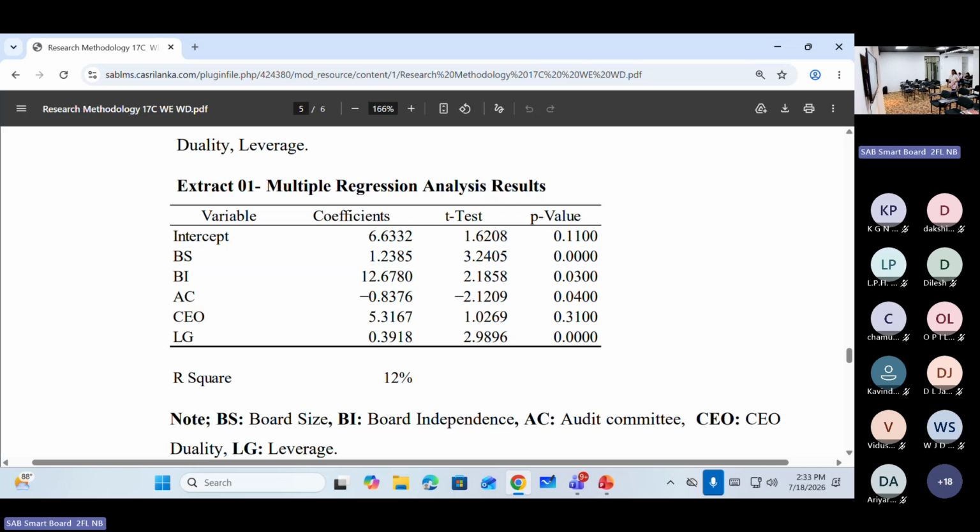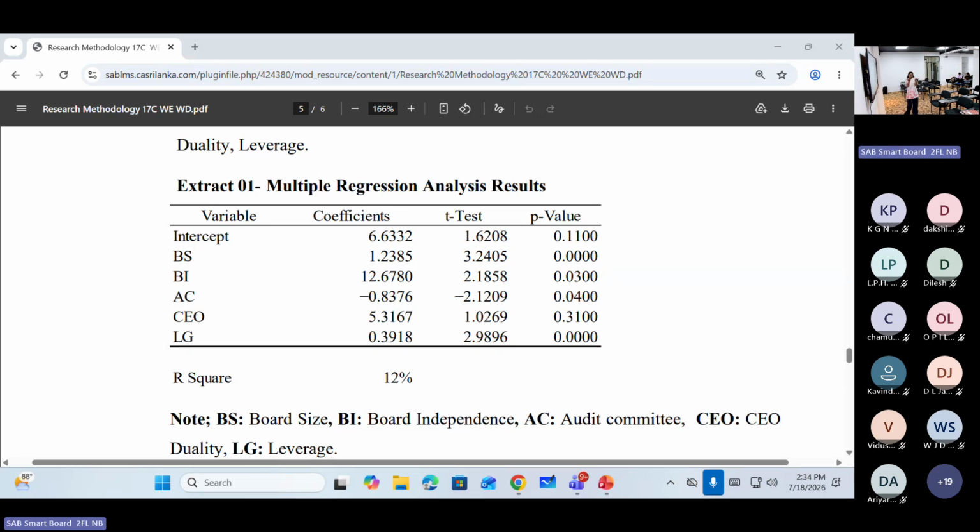And is the impact positive or negative? Positive, very good, it's positive. And the impact is positive.